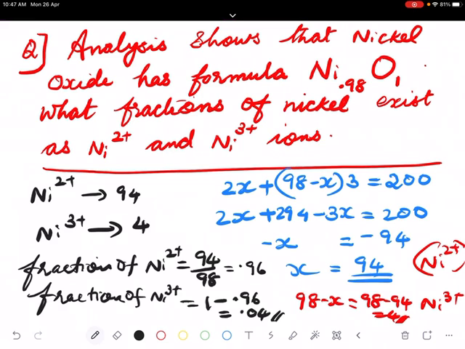Sometimes the question comes in this way, that is calculate the percentage. So to find out the percentage, you can multiply this 0.96 and 0.04 by 100. So percentage of Ni2 plus will be 96% and percentage of Ni3 plus will be 4%.